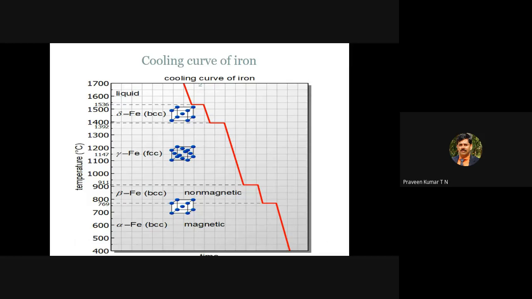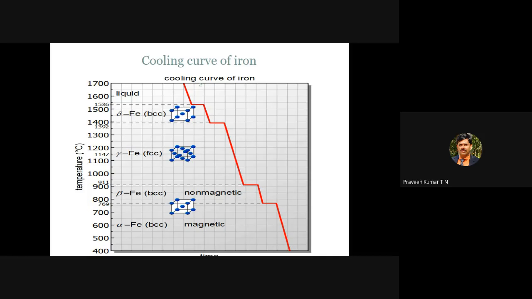So once again, a brief review of these different transformations, very fast. In general, you have to remember that at low temperature the microstructure or phase in steel is alpha iron. It is also referred to as ferrite.